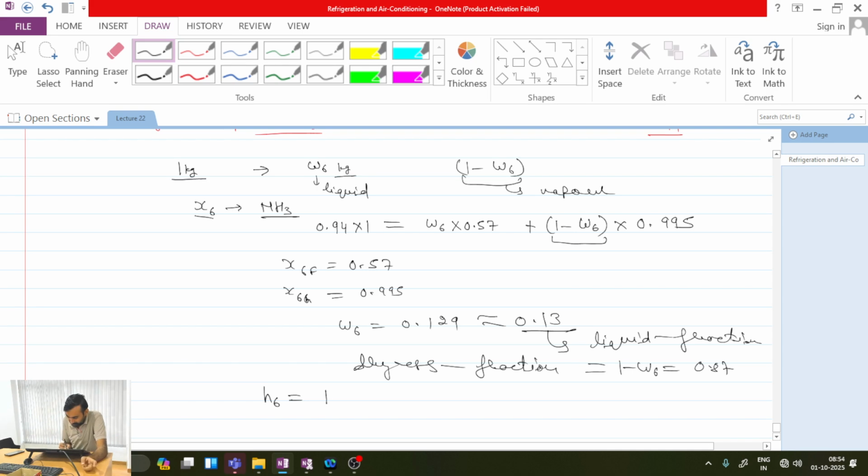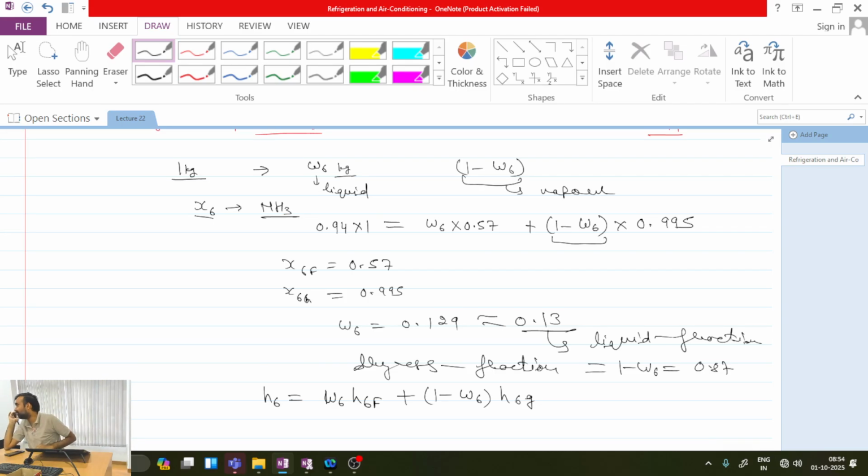Amount of liquid is W6. Enthalpy of liquid will be H6F plus amount of vapor, which is 1 minus W6, into enthalpy of vapor, which is H6G. H6F and H6G are easy to calculate because these are only lying on the saturated state.